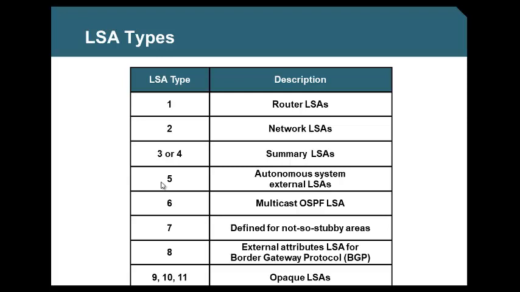See, summary LSA will only come from the ABR. It will not come from any other router. Type 3 LSA will only come from the ABR. It will not come from any other router.